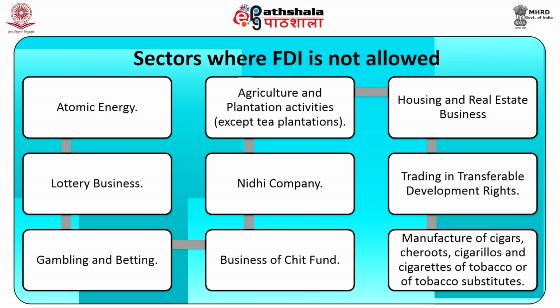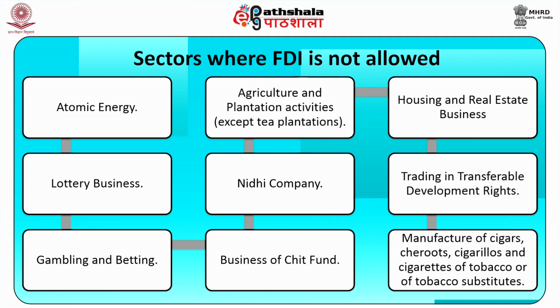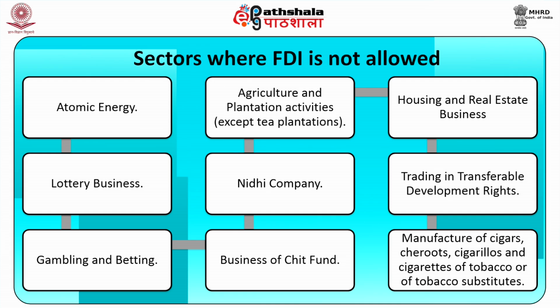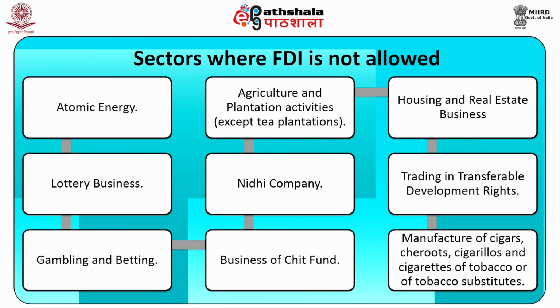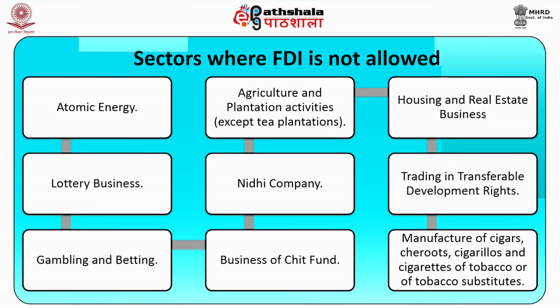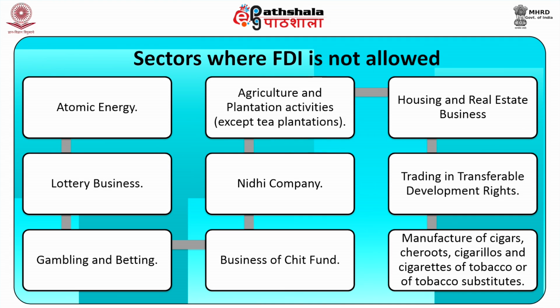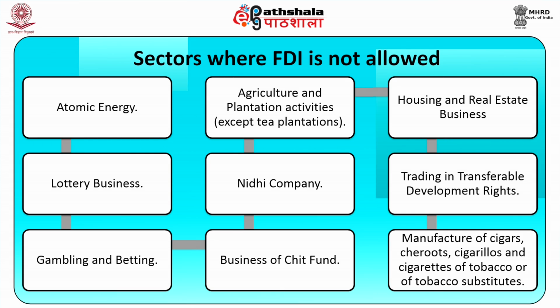They are as follows: atomic energy, lottery business, gambling and betting, business of chit fund, nidhi company, agriculture and plantation activities except tea plantations, housing and real estate business except development of townships, construction of residential/commercial premises, roads or bridges to the extent permitted under FEMA.